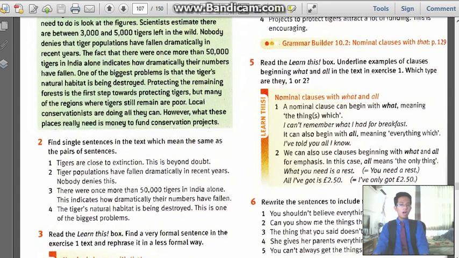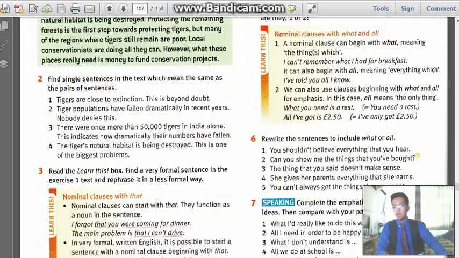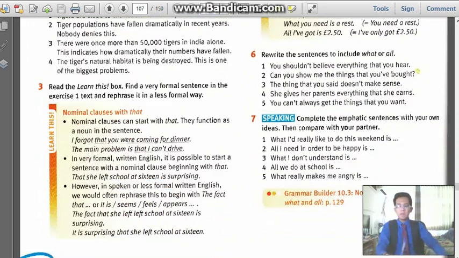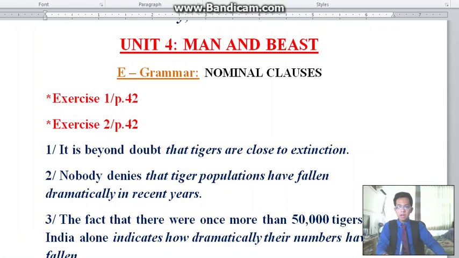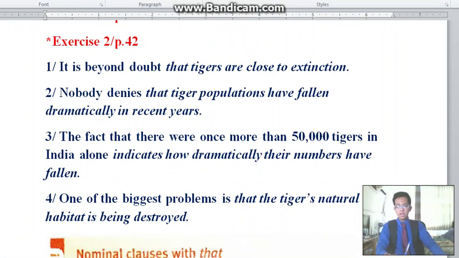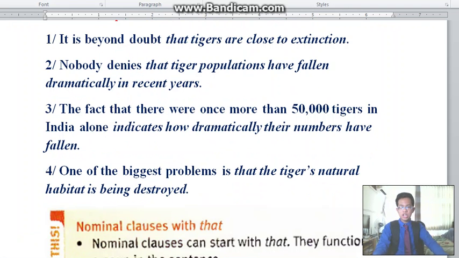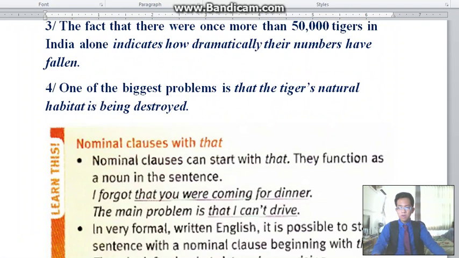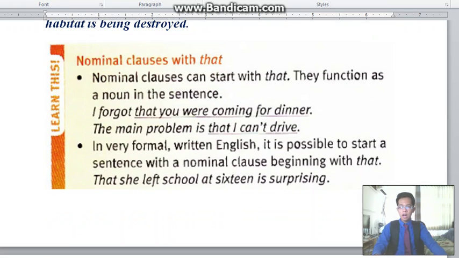So let's see what our grammar point is tonight. It is about nominal clauses. For convenience, I have written all of the sentences over there so you can check after the show. Nominal clauses can start with the word that.